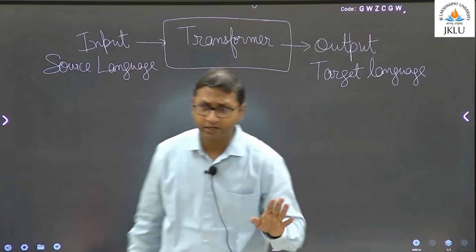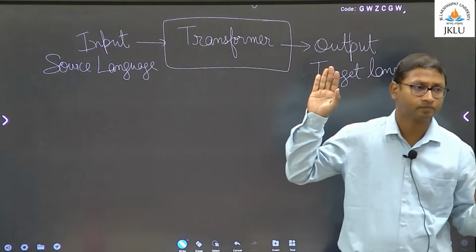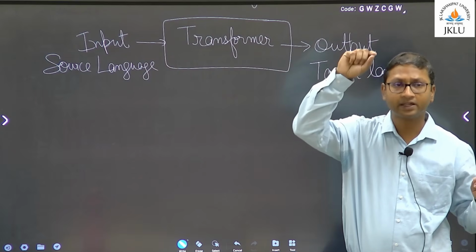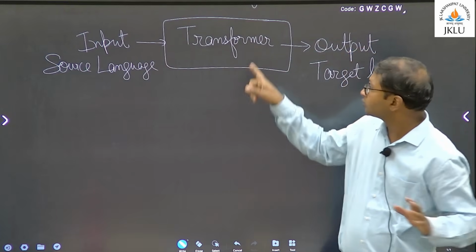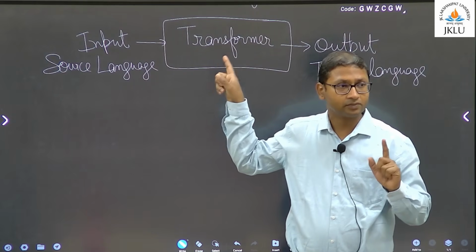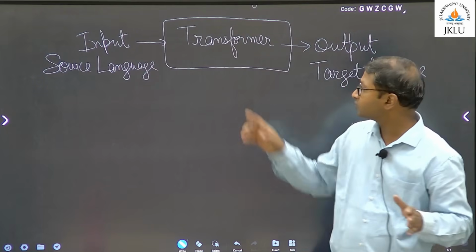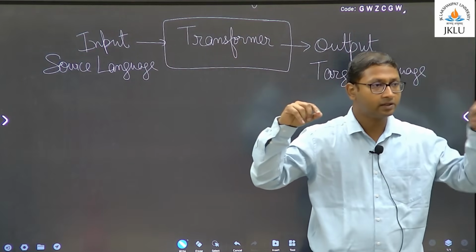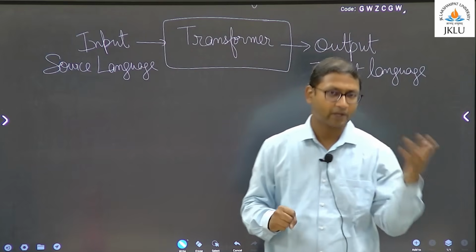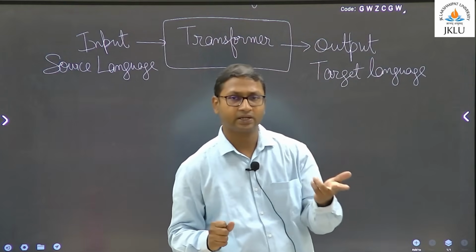Feed forward neural networks we had ruled out long ago. We had said that they can't take care of sequence. So you could have RNNs here, particularly with an encoder and decoder architecture. Of course, when I say RNNs I actually mean LSTMs.